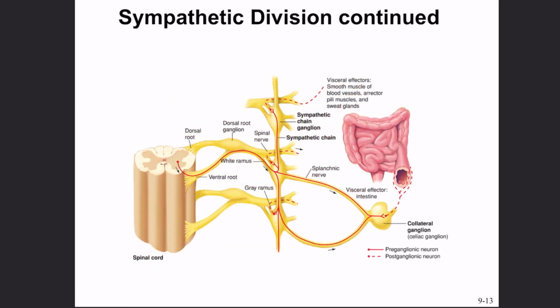So here shows an image of our sympathetic division, and here it shows a preganglionic neuron in red, and then a postganglionic neuron. And as you can see in the lower regions of the abdomen that are innervating the intestines, the abdominal region, these sympathetic chain ganglia are further out, and they are called collateral ganglion.